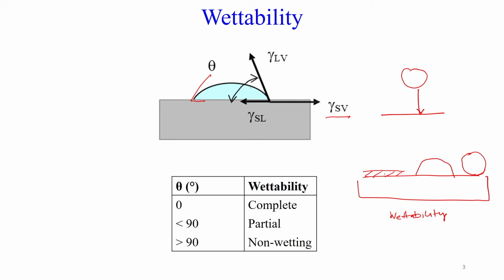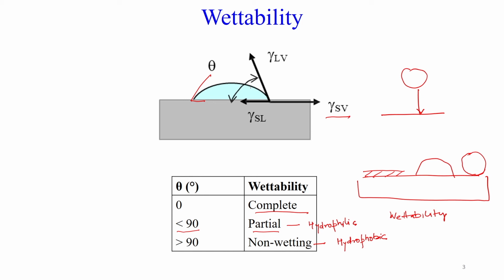So, if it is 0, it is completely wettable. If it is less than 90, it is partially wettable, and this surface is called hydrophilic. And if the contact angle is more than 90 degrees, then it is a non-wetting surface and is called hydrophobic.